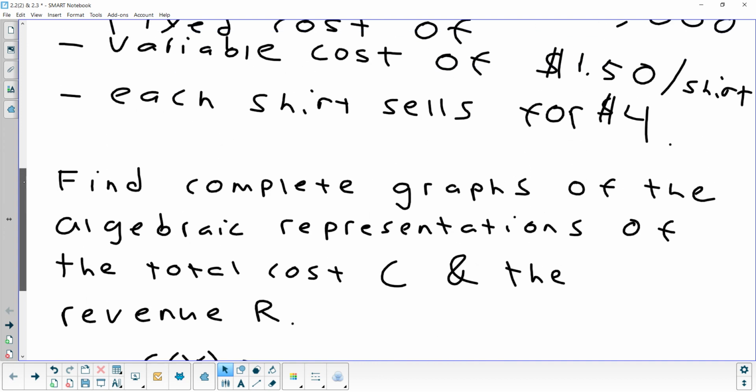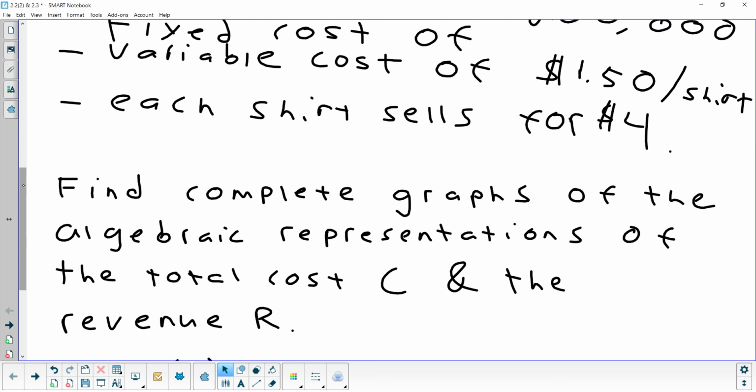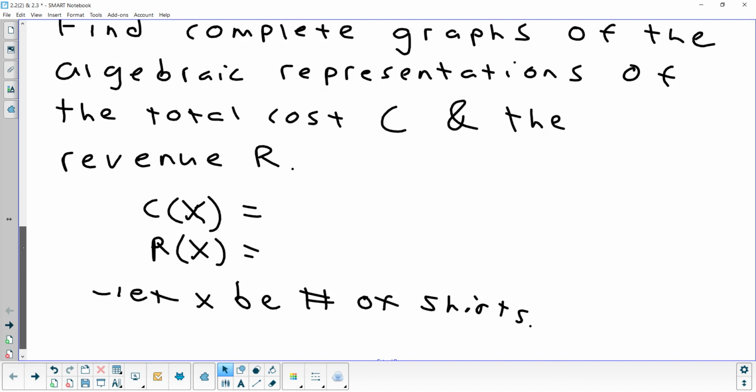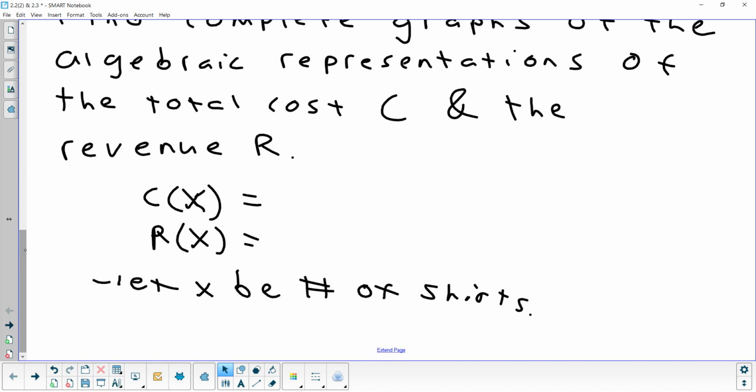How much does it cost to make each shirt? And this is a variable cost because the cost depends on how many shirts we make. If we don't make any shirts, then there's no cost for making shirts. But what does it say the cost is per shirt? Yep, it's $1.50. So how would you write that in our cost?